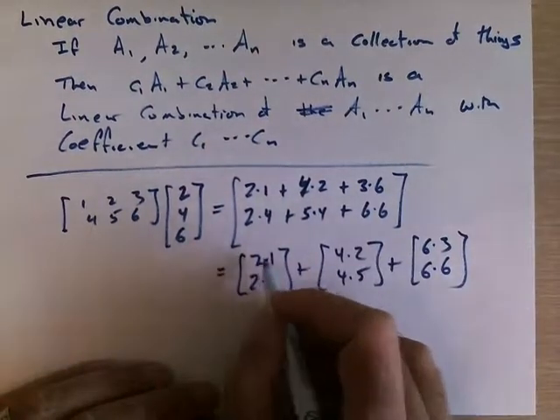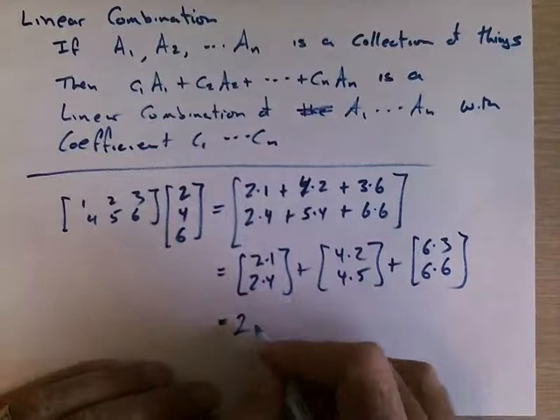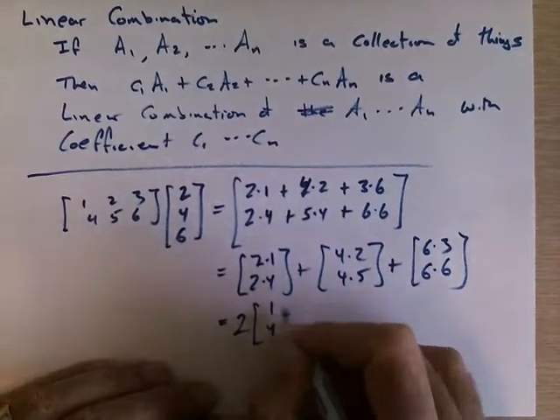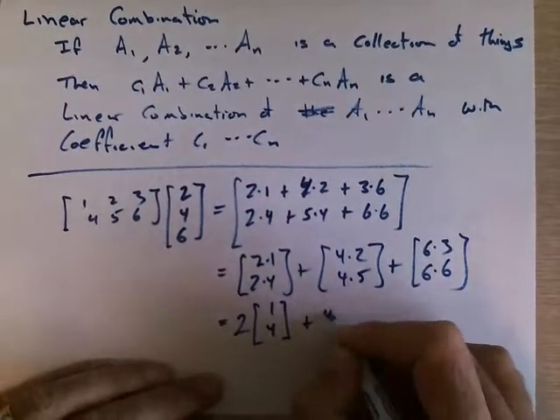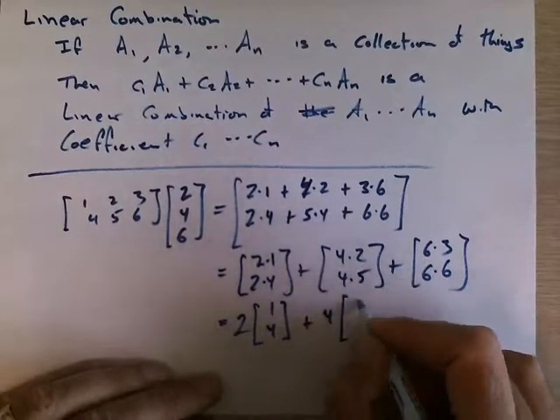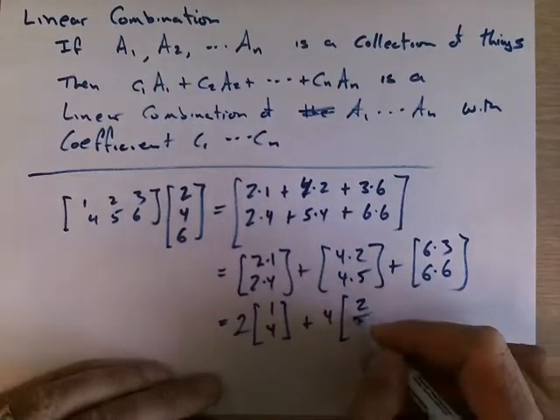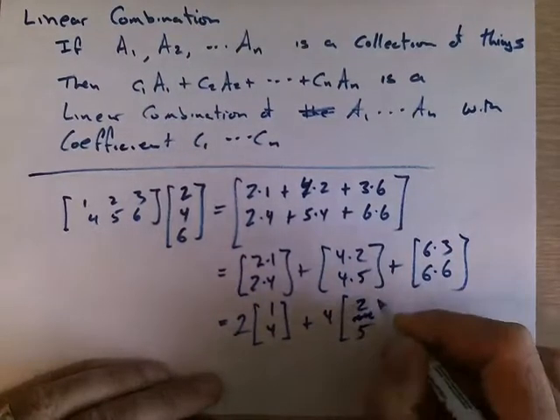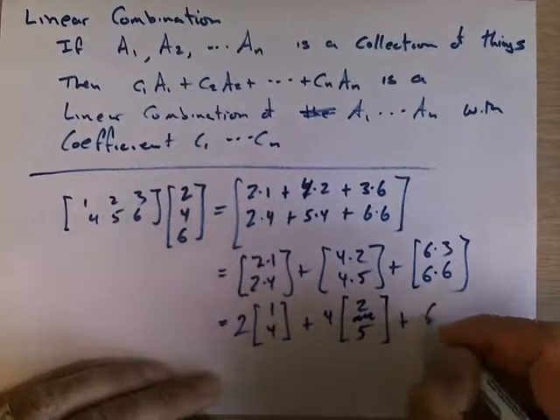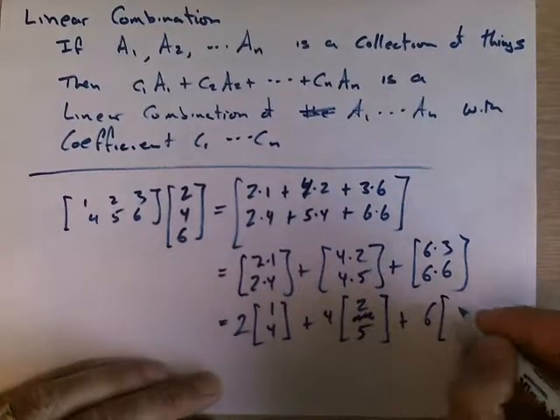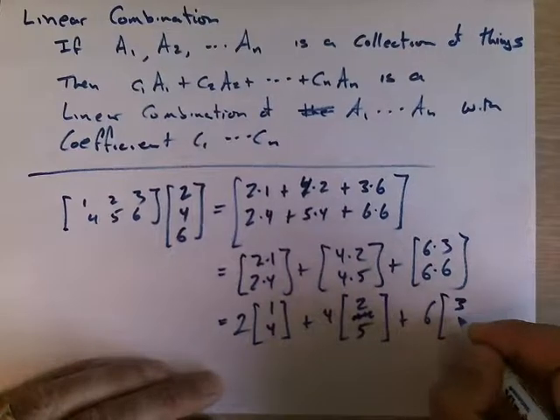And then I notice that this thing right here is just 2 times the column matrix 1, 4, plus 4 times the column matrix 2, 5, and then 6 times the column matrix 3, 6.